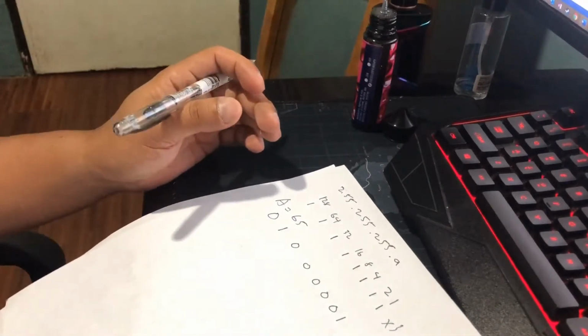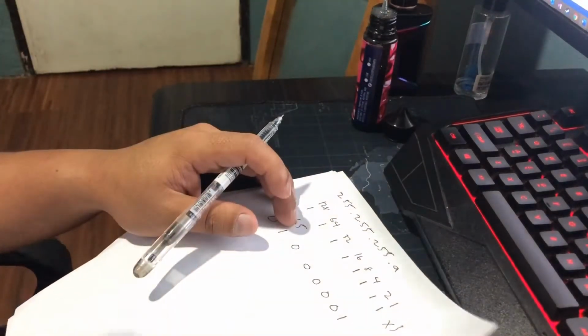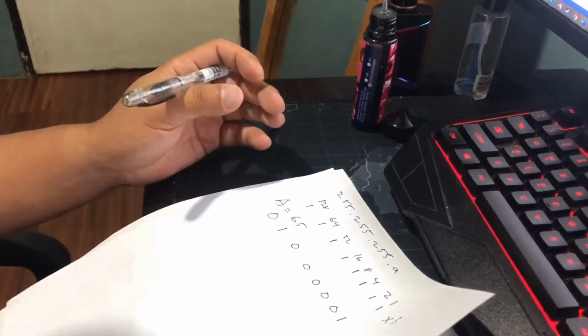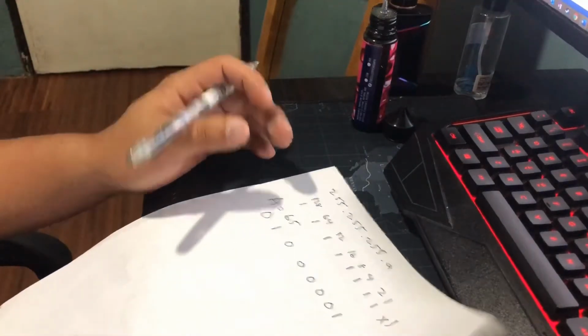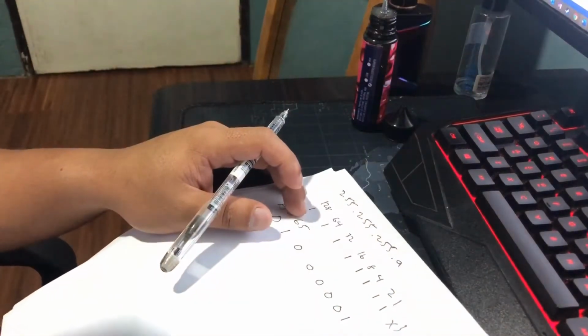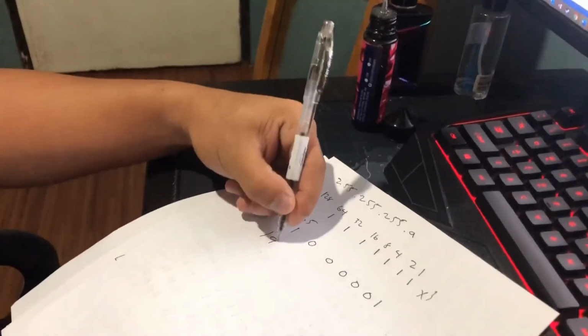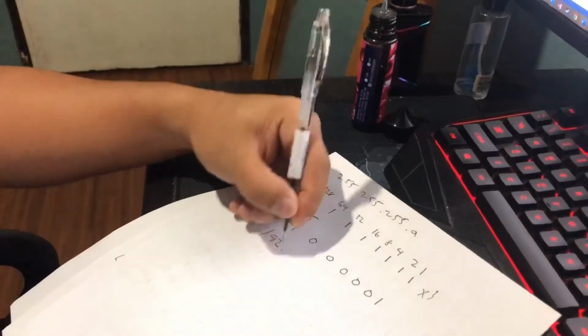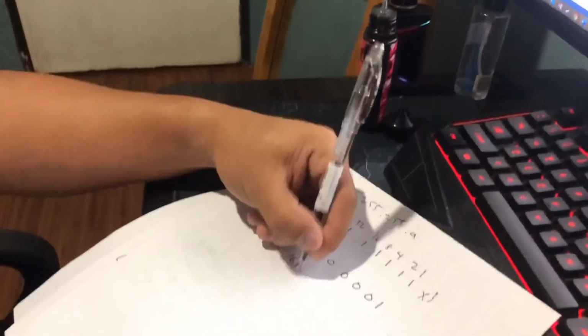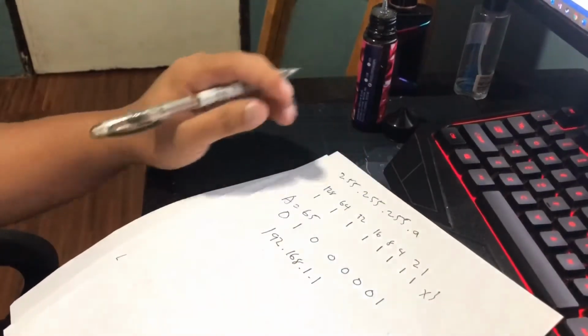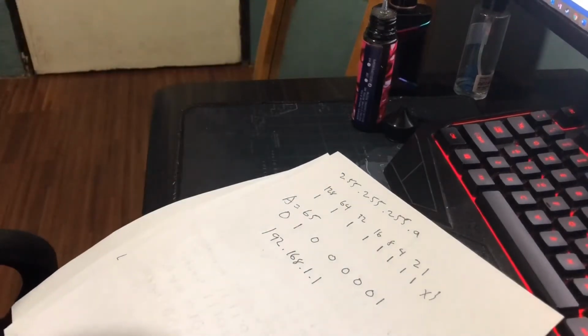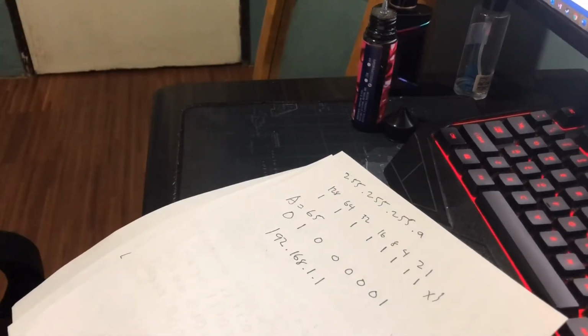Okay. So the prefix length will be 24. And in the network IP address, 192.168.1.1. I'm sorry, not 24. Yeah, that's 24.